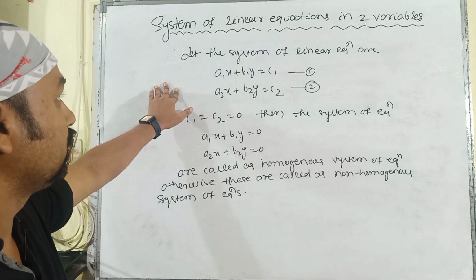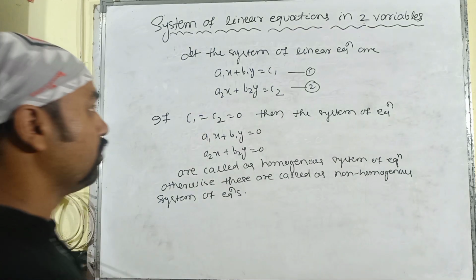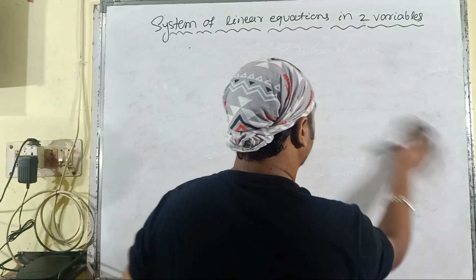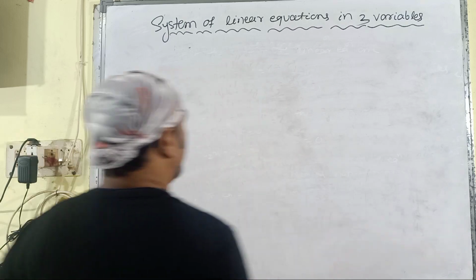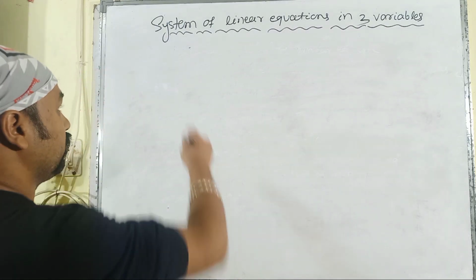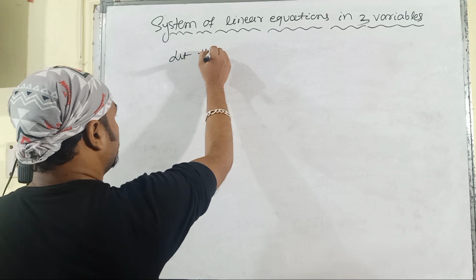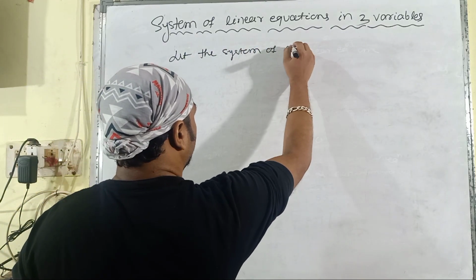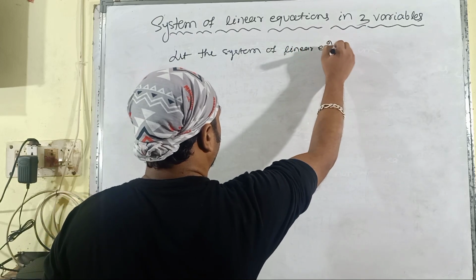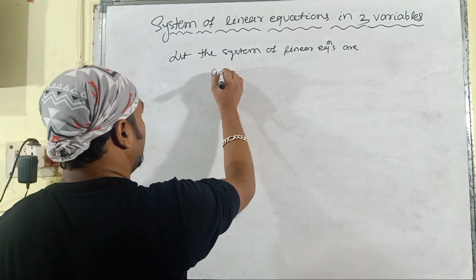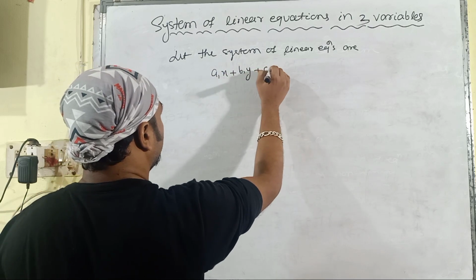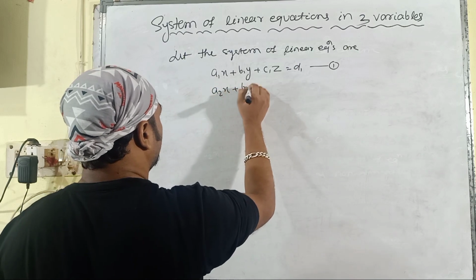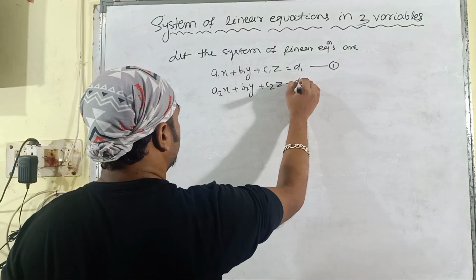Now let us discuss the system of linear equations in three variables. Again, let us consider three linear equations. Let the system of linear equations be a1x plus b1y plus c1z is equal to d1, a2x plus b2y plus c2z is equal to d2.